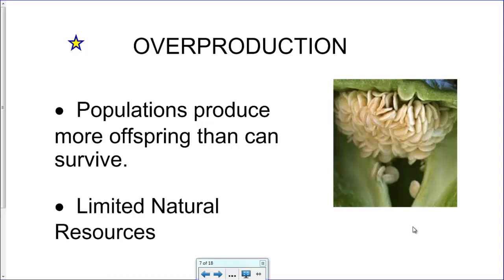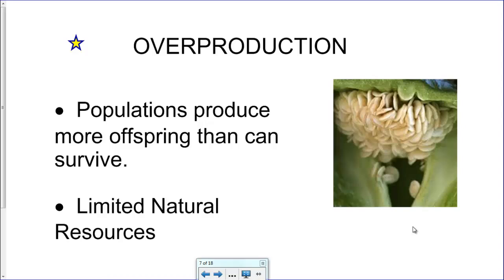Now, why is it that not every single pepper seed turns into a pepper? Well, that's because there's not enough resources for there to be a million bajillion peppers in the world. There's simply not enough food and space for them. So as a result, only the organisms that are best suited to their environment could actually survive.